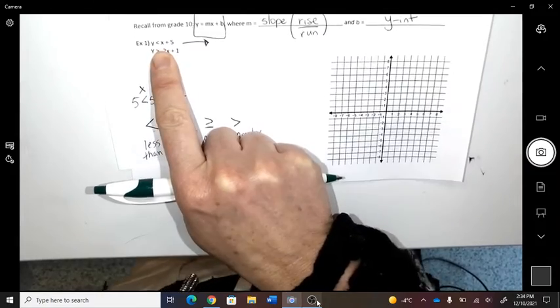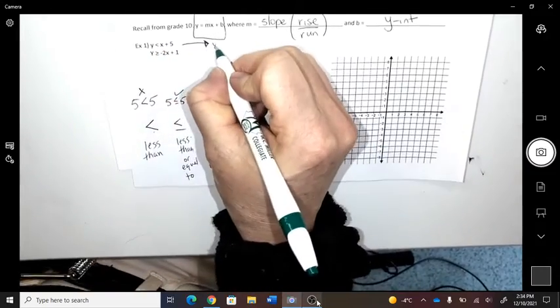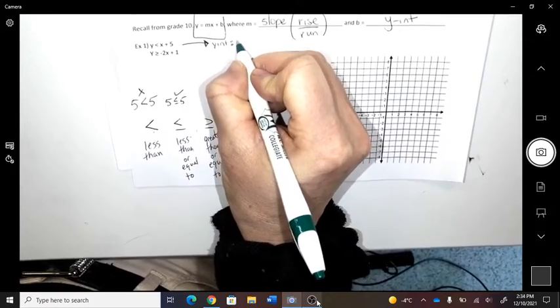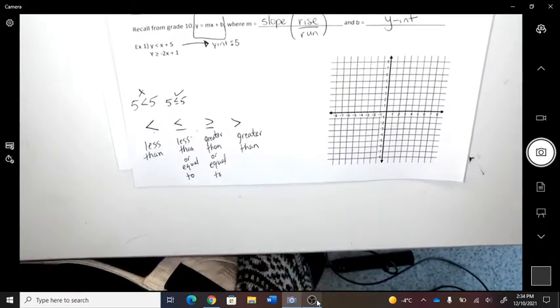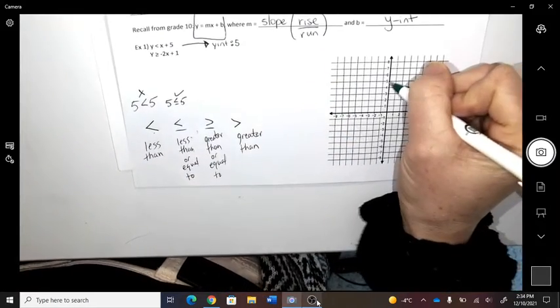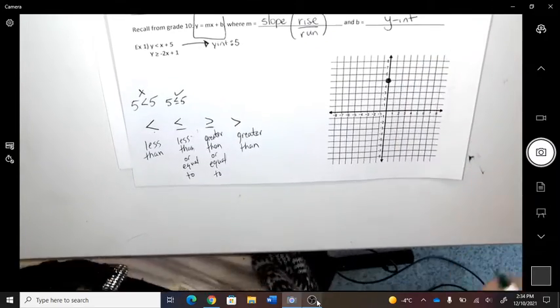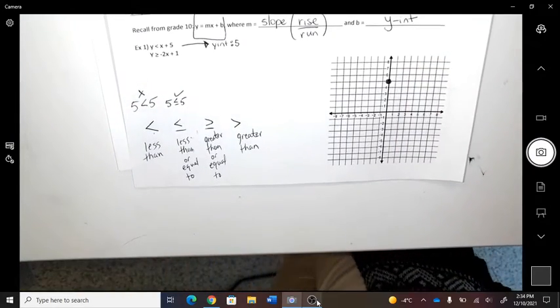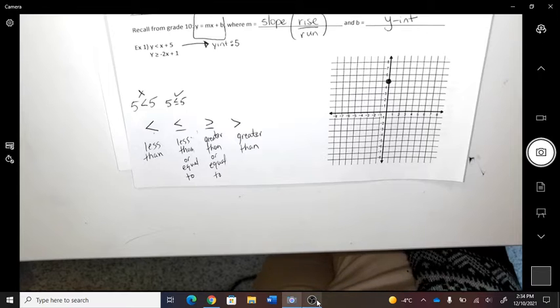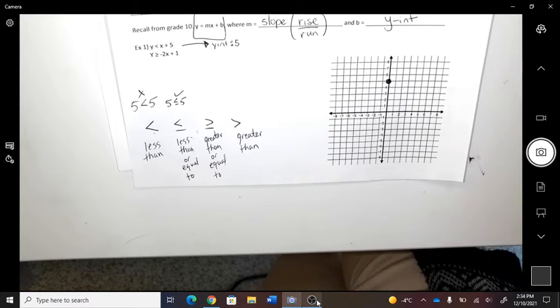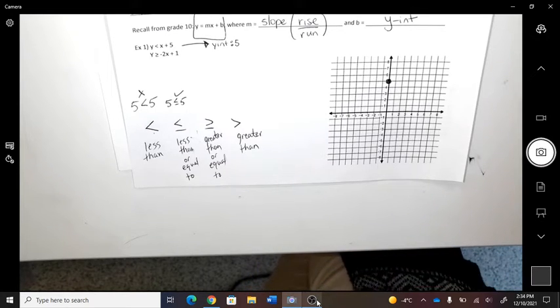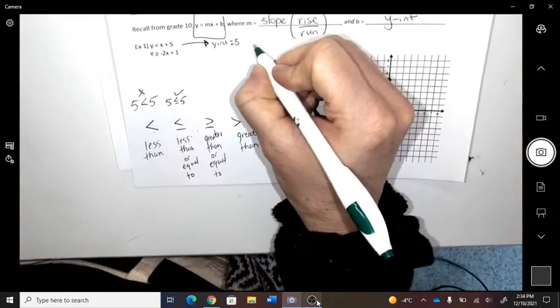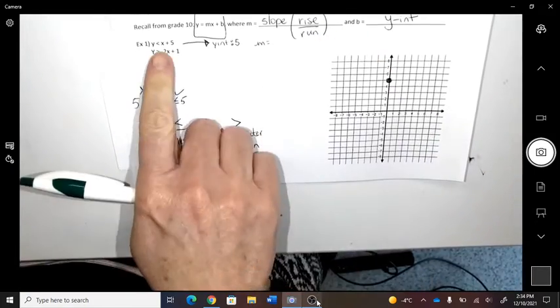I'm going to start with the y-intercept. So what is the y-intercept? 5. So I drew it. The y-axis, up and down. What's the slope number? 1.